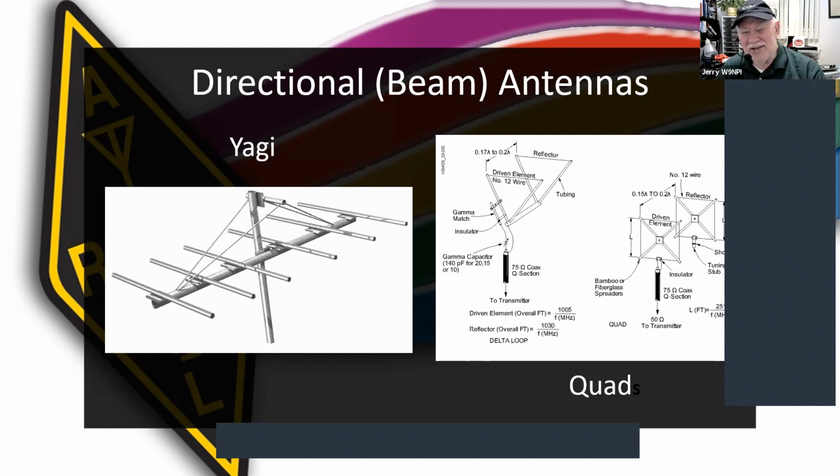And if the frequencies the transmitters are working on are separated enough, say 2 meters and 440, then everybody's going to be very happy. The antenna will work, and the two transmitters will be very happy. Cool. All right, thank you.